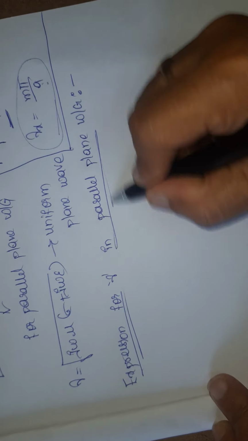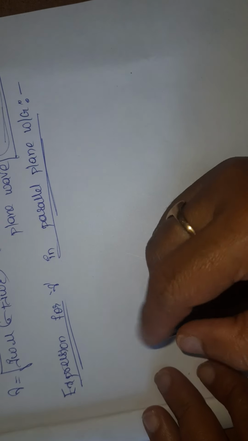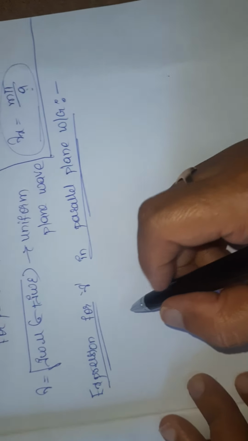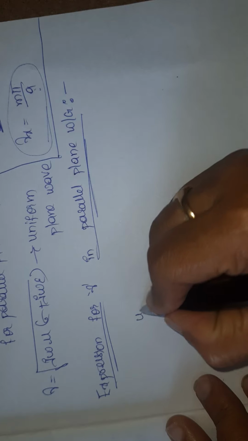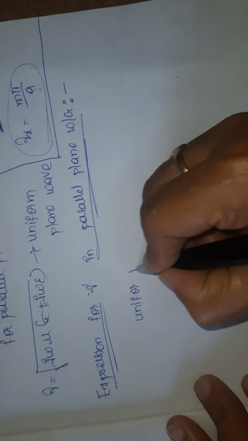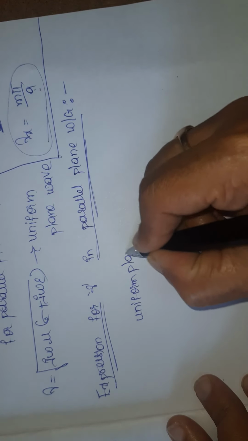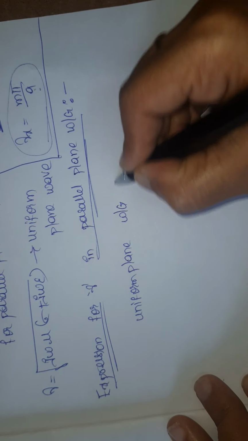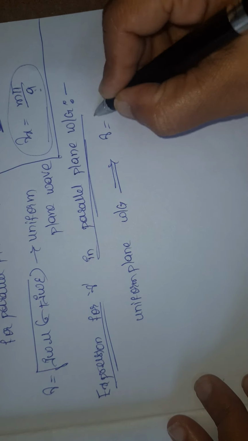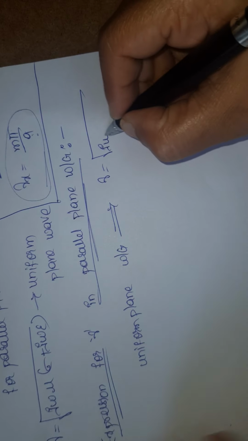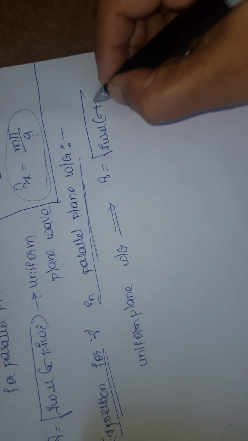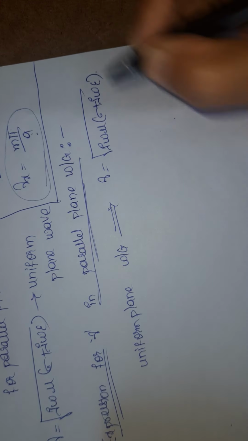So very simple and easy derivation. For uniform plane wave, what is gamma? Gamma is equal to under root of j omega mu into sigma plus j omega epsilon.